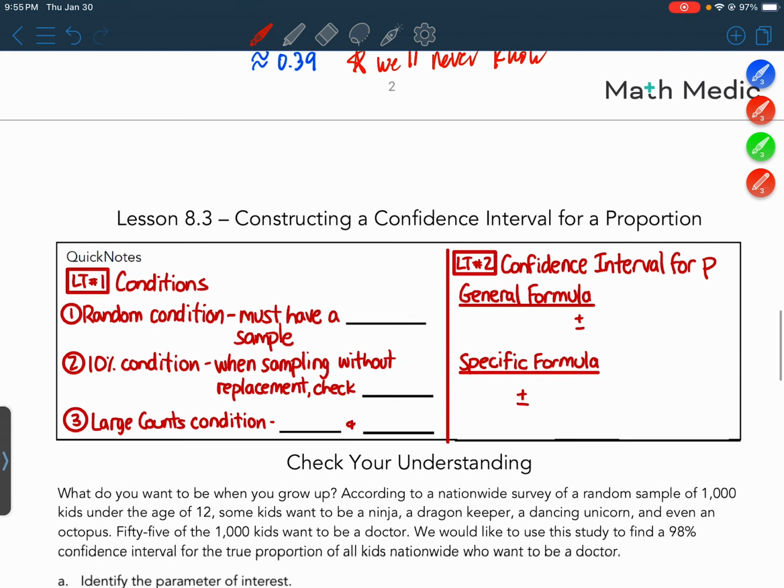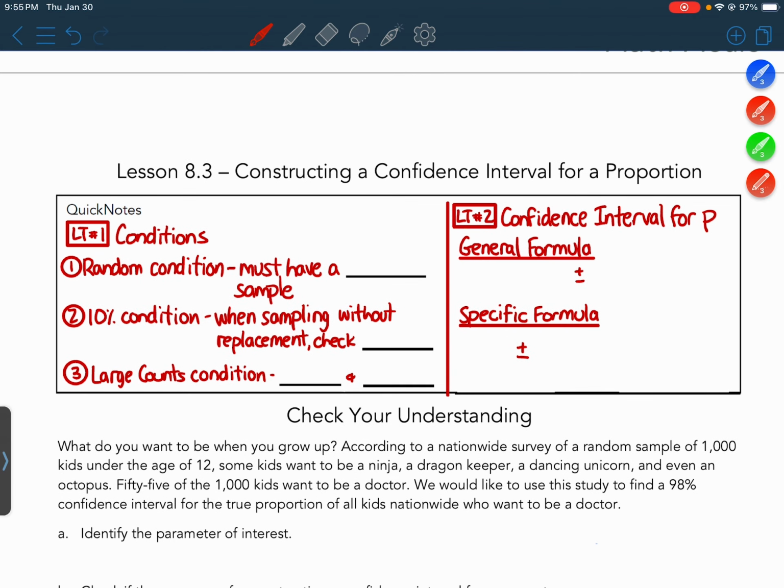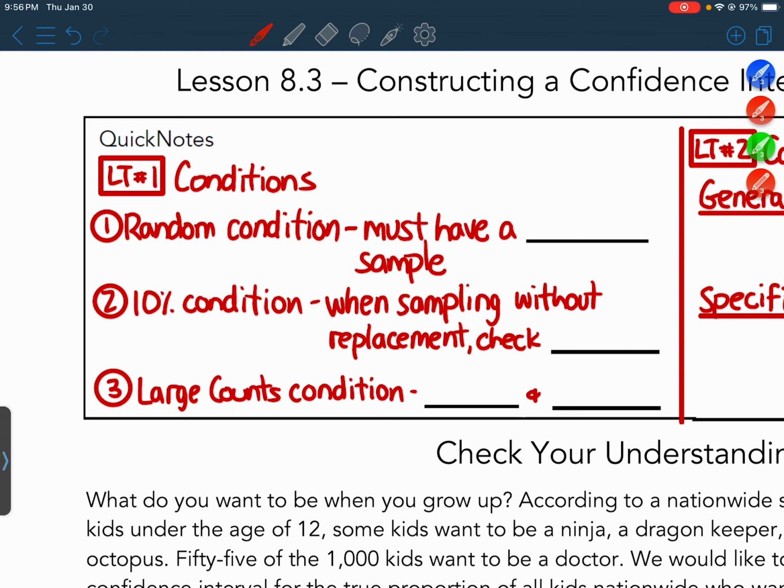All right, let's flip over to the last page and do a quick summary. So this was a two-page activity. The first page focused on the conditions. They're numbered here. Number 1 is the random condition, so you've got to have a random sample. So no convenient sample, no sample that has any sort of bias in it.